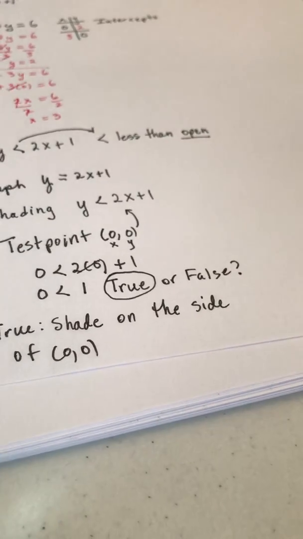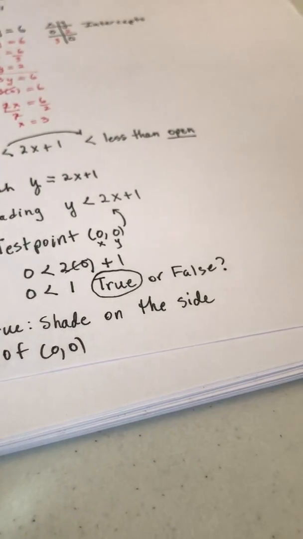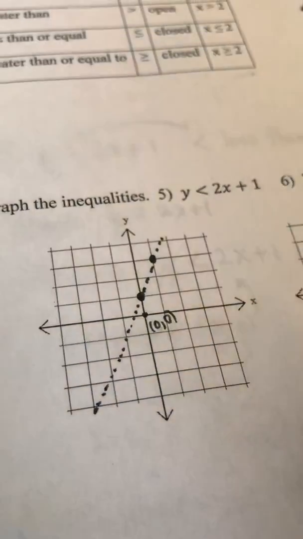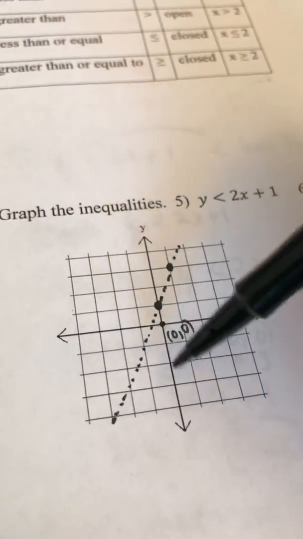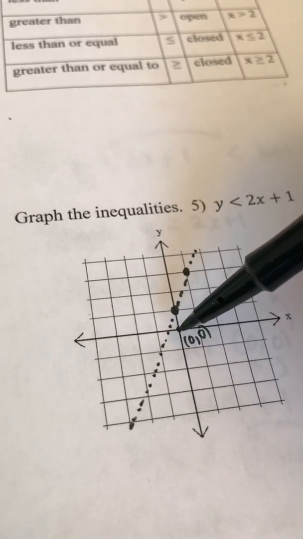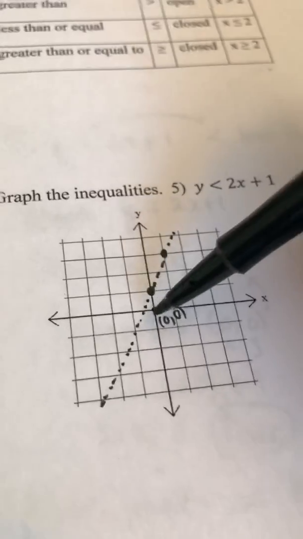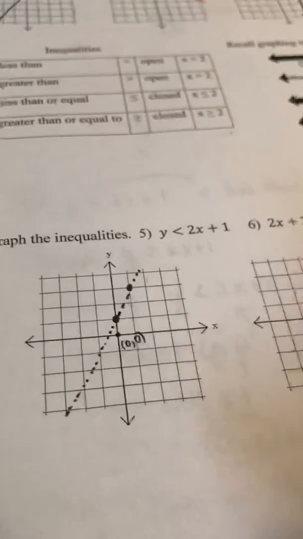What does that mean? 0, 0, which side is it on? It's not on the left side, it's on the right side. So this is the side we're going to shade. We're going to shade on this side because it was true.